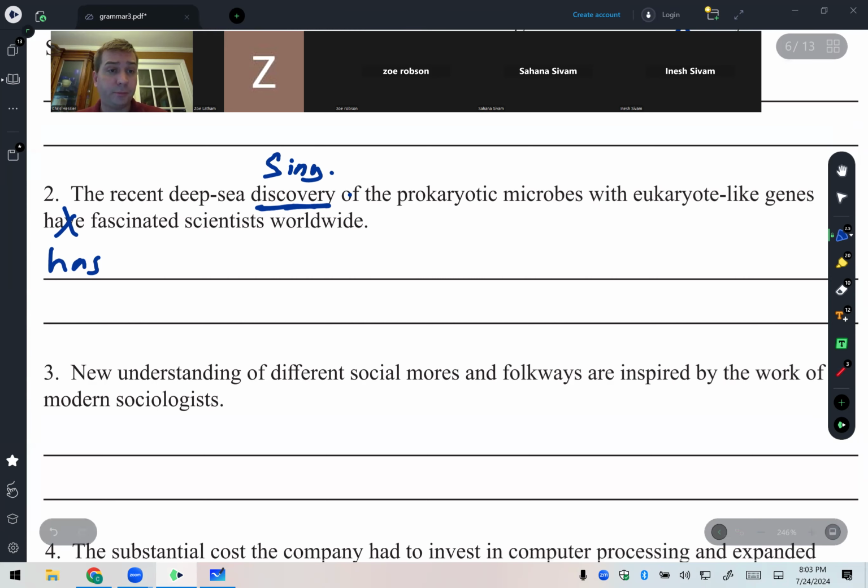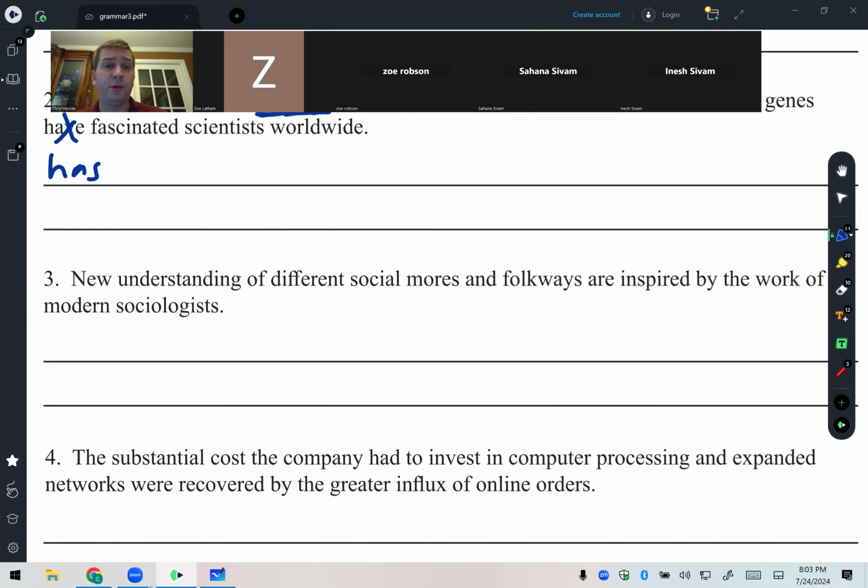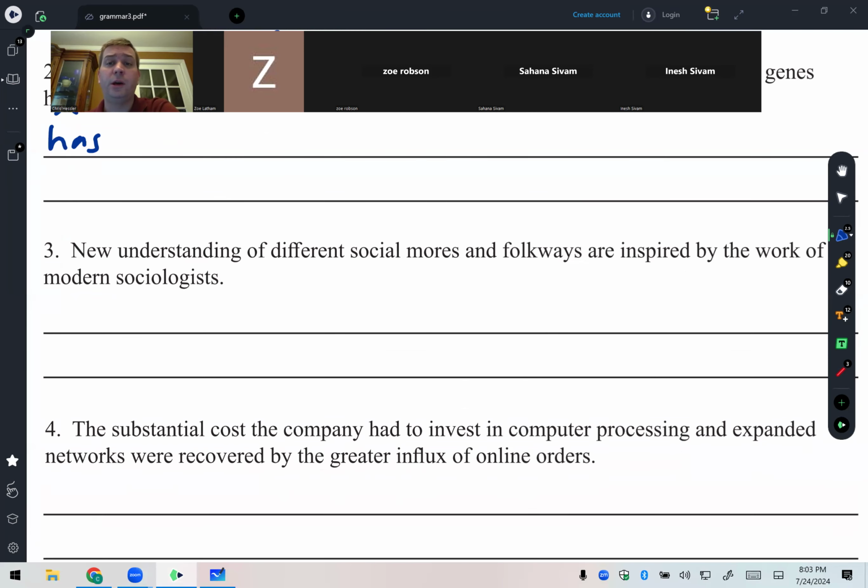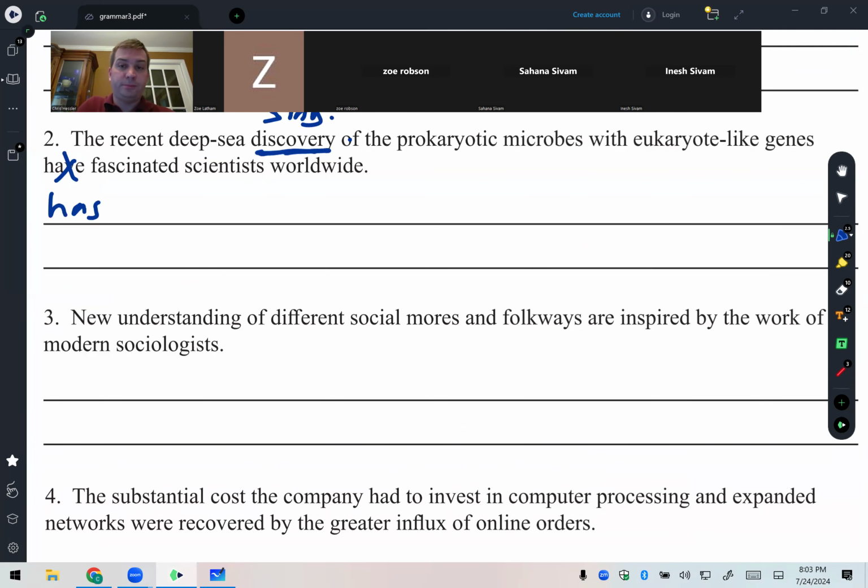All right, next one. New understanding of different social mores and folkways are inspired by the work of modern sociologists. So when in doubt, we could find the subject, figure out, okay, is our subject singular or plural? So we have a plural verb form right here. This is just the to be verb.